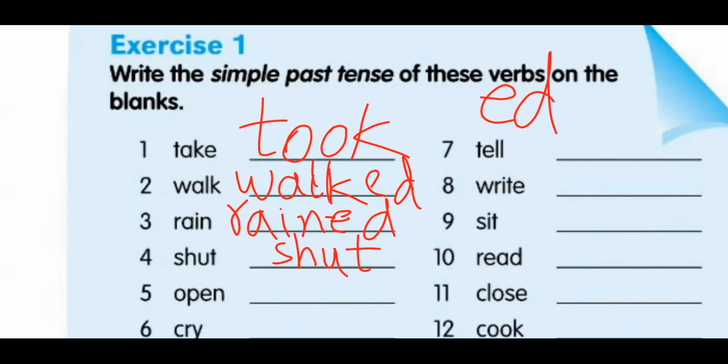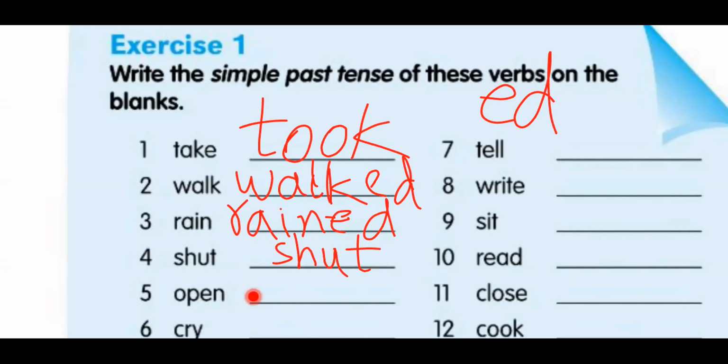Did I add any ed over here? No. Did I add ed? No, right? So I didn't add any ed over here, and I didn't change the word also. It remains the same. It is an irregular verb. Open.